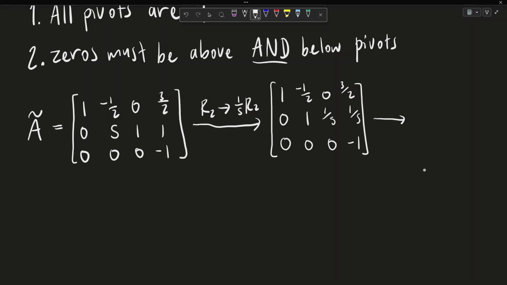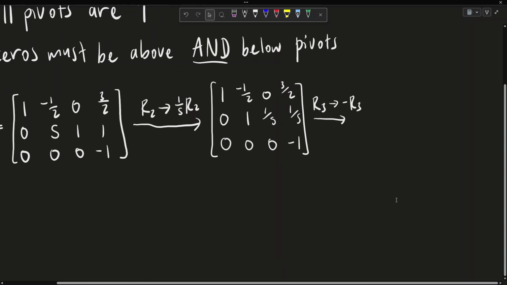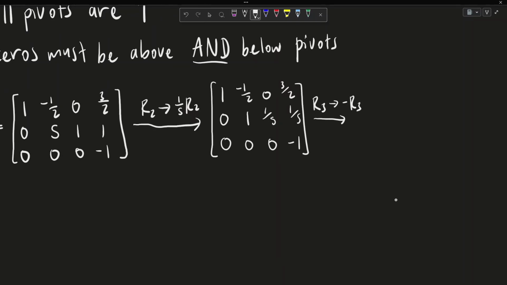Similarly, we can take the third row and scale it by -1. We'll find again the first and second rows are unchanged, and the third row just has this value converted.